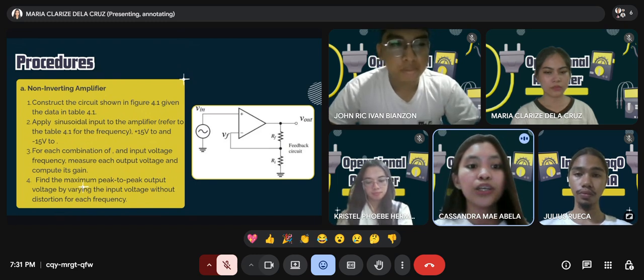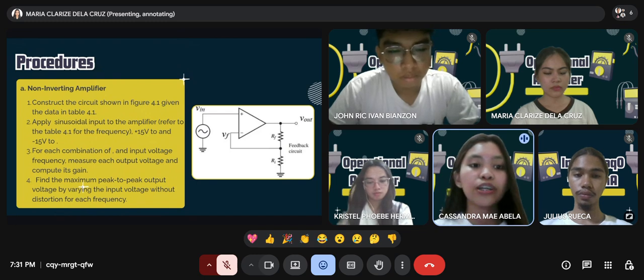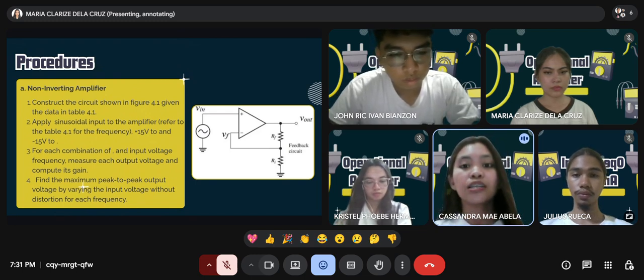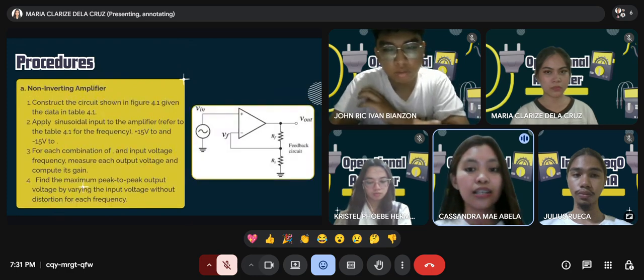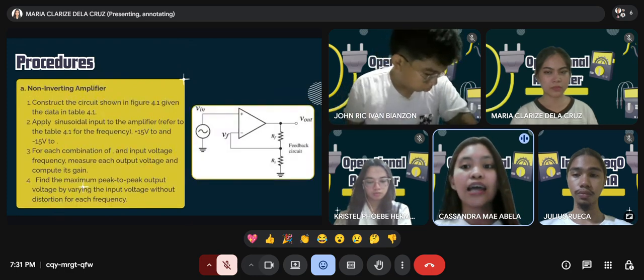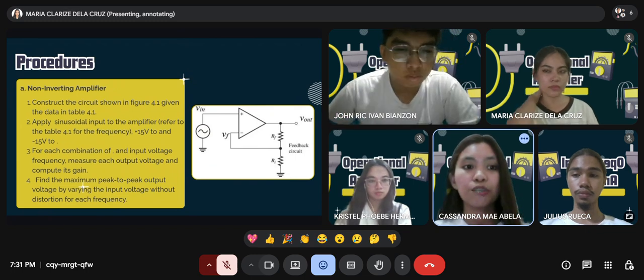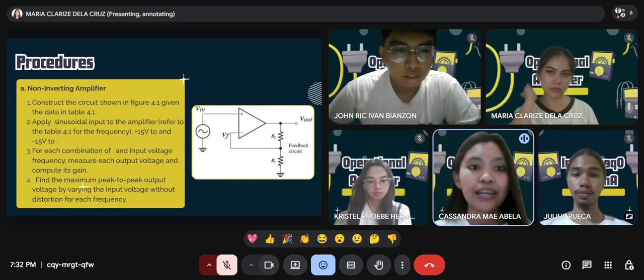Find the maximum peak-to-peak output voltage by varying the input voltage without distortion for each frequency. This procedure is performed to observe how the circuit amplifies signals without changing their phase and to analyze the effect of resistor ratio and frequency on amplifier performance.